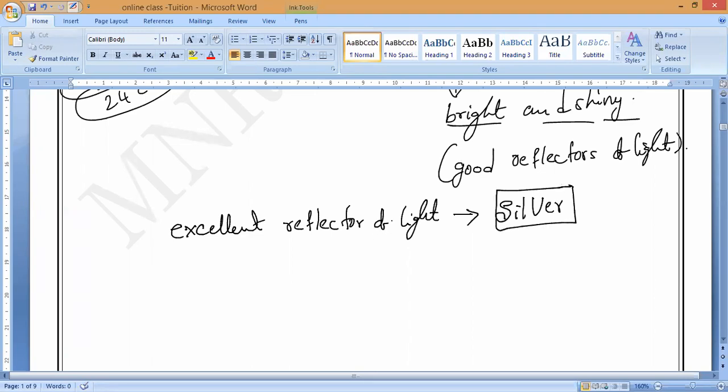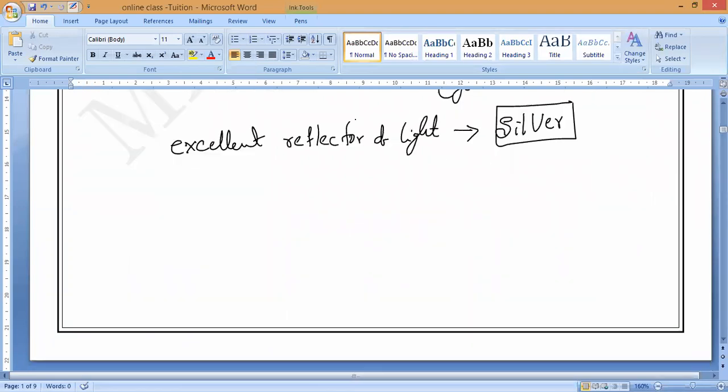If you buy a mirror, the back side of the mirror is coated with what, guys? Silver. Silver. Why? That is the reason. This is what they will ask you in the exam. CBSE wants practical oriented knowledge. Understand? So the excellent reflector of light is silver.